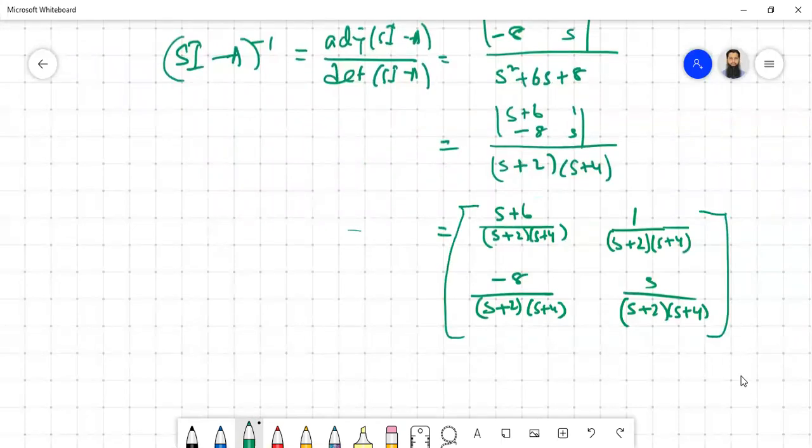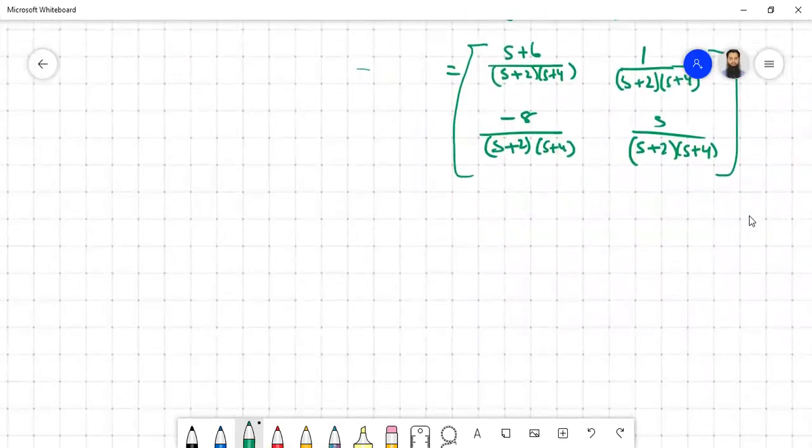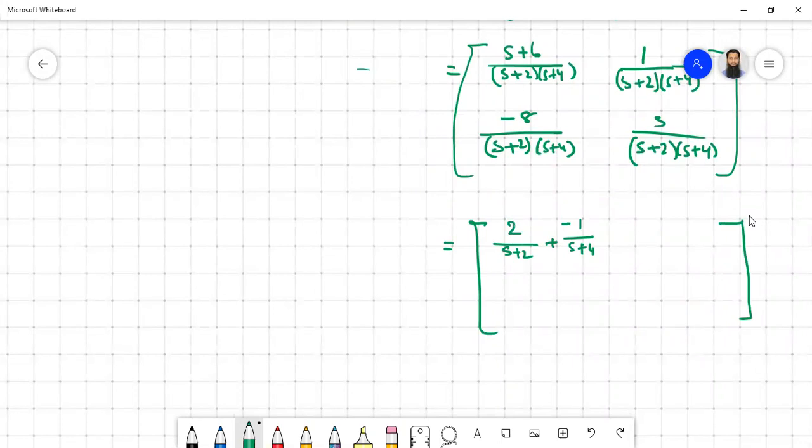Now we know that you have to take the inverse Laplace. Actually, you can also do the partial fractions here. After doing the partial fractions, we can write the first element as a summation, and based on the values of the coefficients, we can see this is 2 and this is minus 1. Then we can see this one as 1/2 over s plus 2 minus 1/2 over s plus 4.